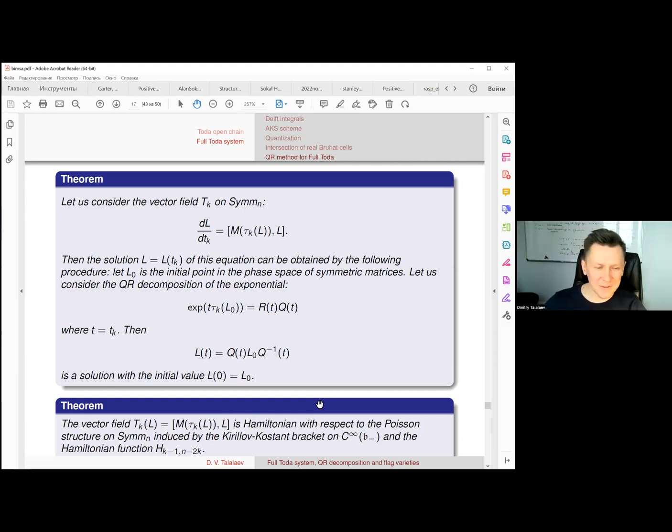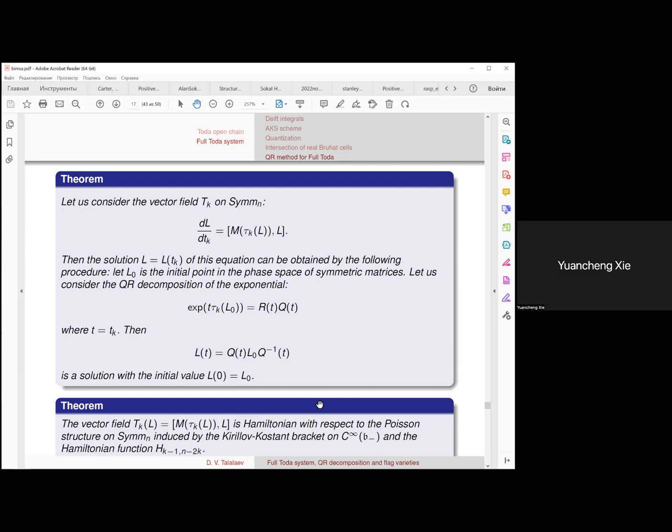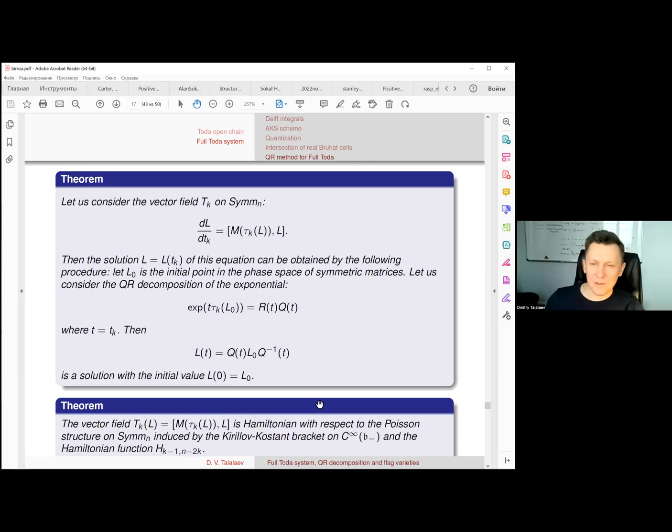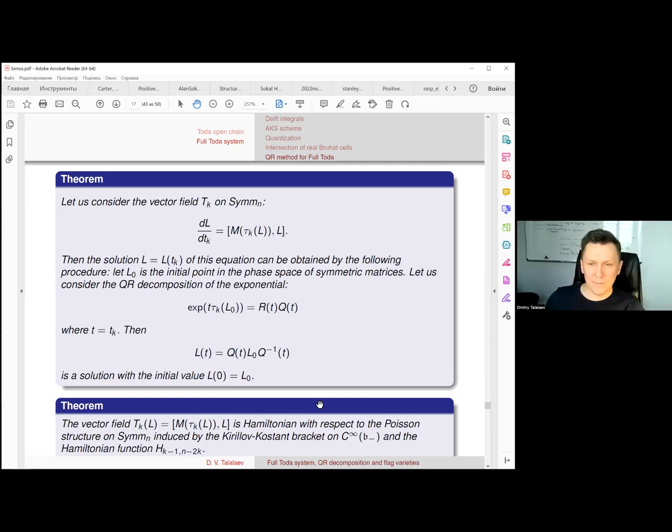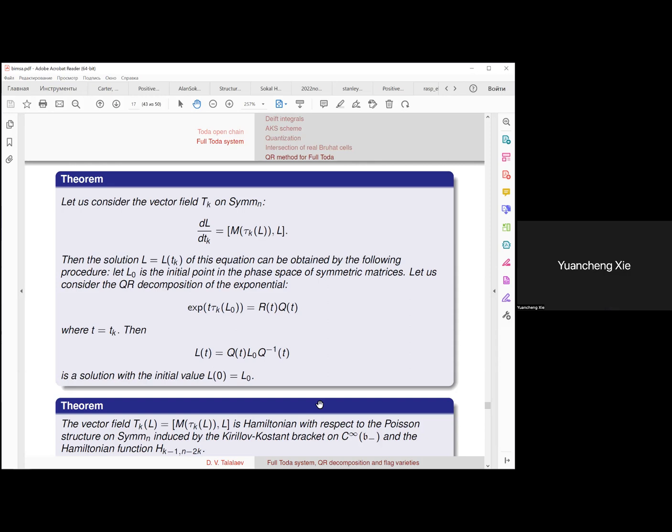Because you take one chain of parabolic subgroups and you get one commutative family. And then there are maybe other towers of parabolic subgroups, and you get another family.